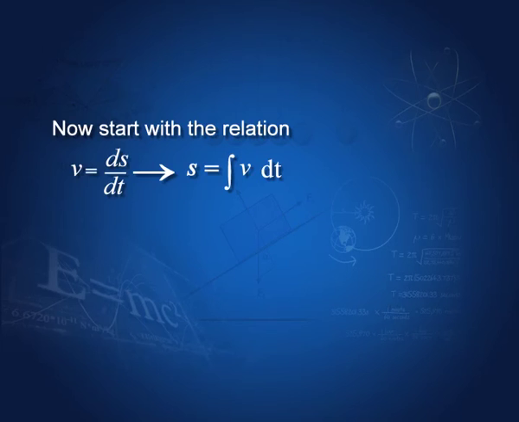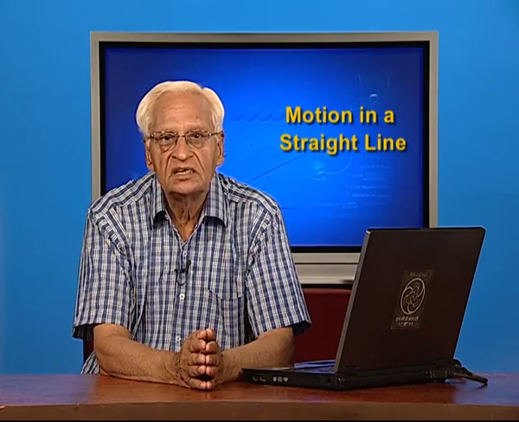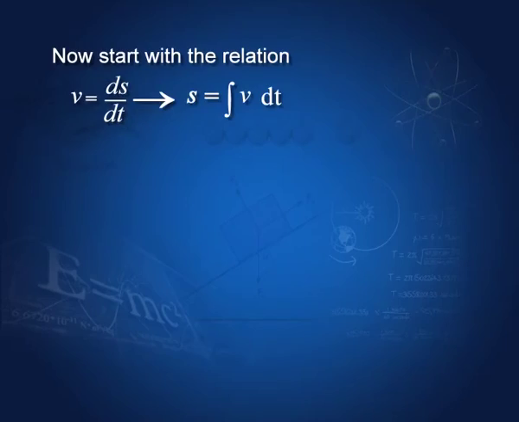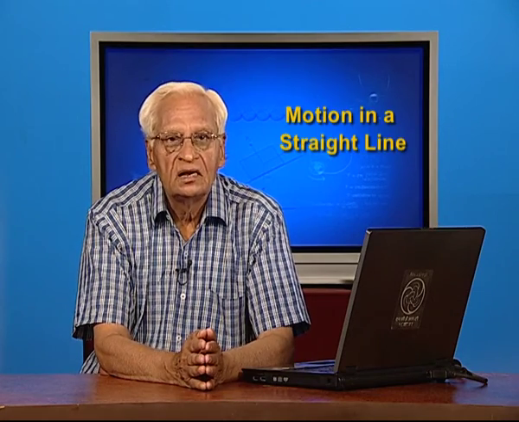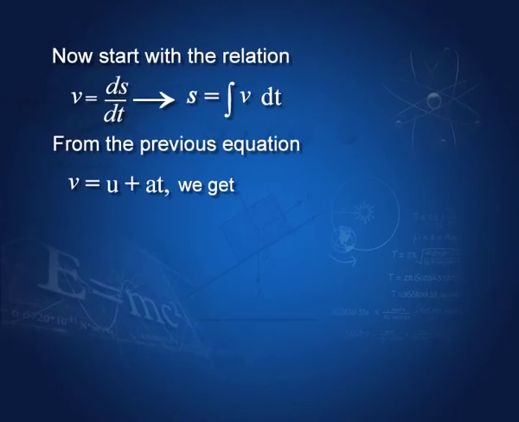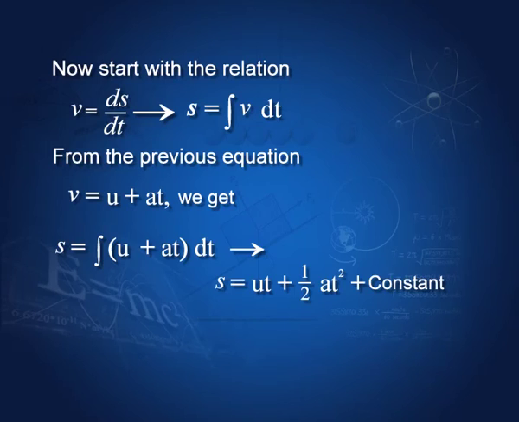Now, for the next equation, we use the relation v equal to ds by dt. So, s is equal to the integral of v dt. From the previous equation, we have already seen that v is equal to u plus a t. So, we substitute v equal to u plus a t in this integral, and then we integrate. What we get is s is equal to u t plus half a t square plus a constant.